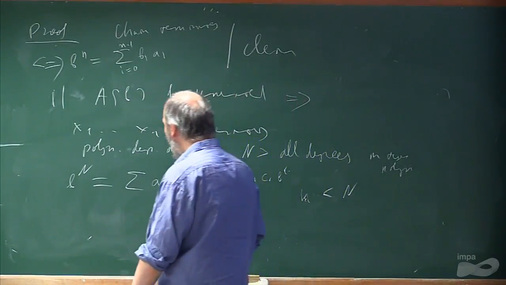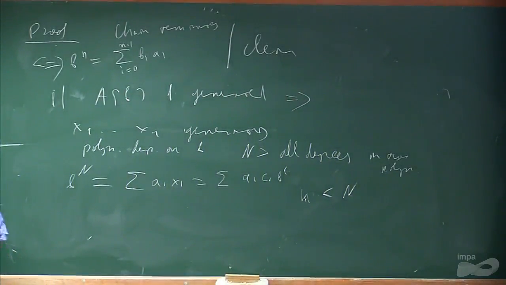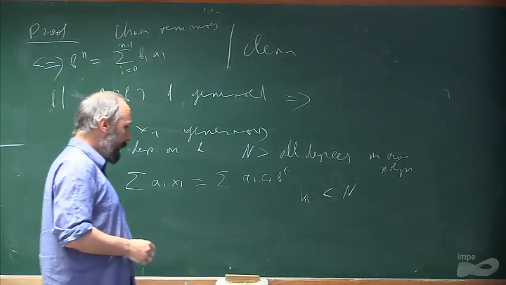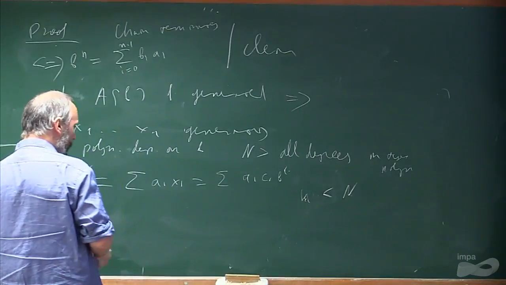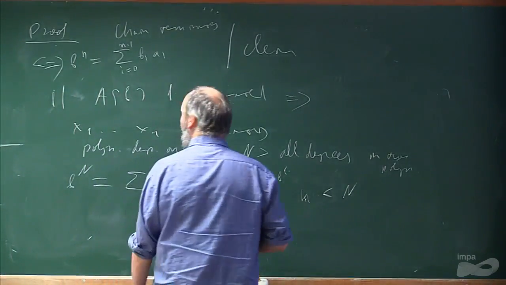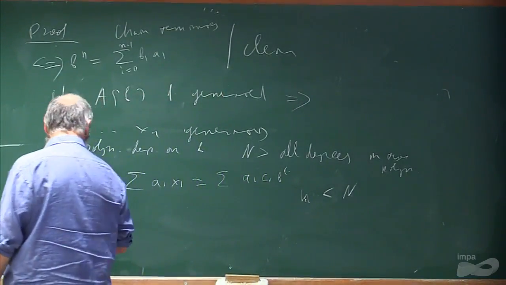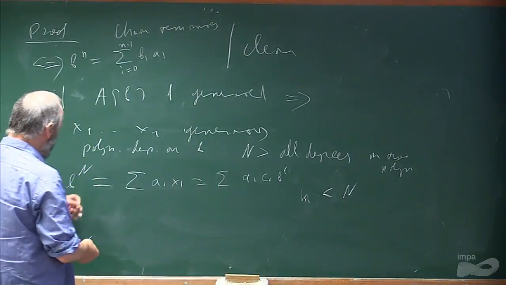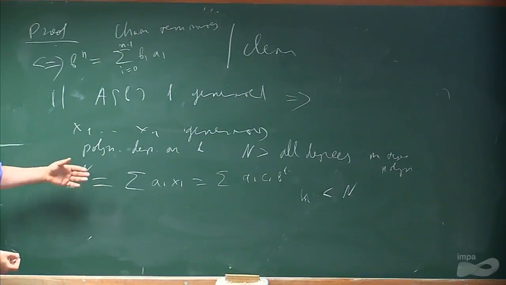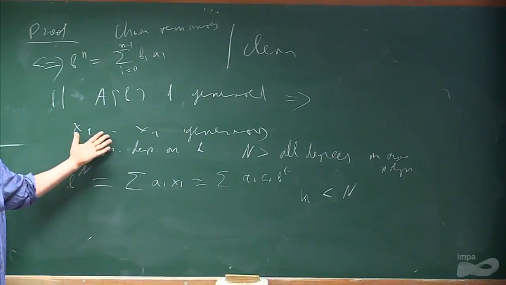Okay, and conversely, if you have this dependence, then everything is clearly finitely generated. There's nothing to prove.